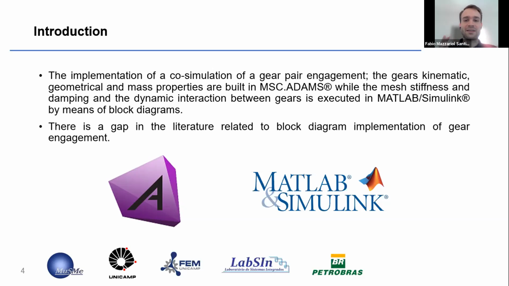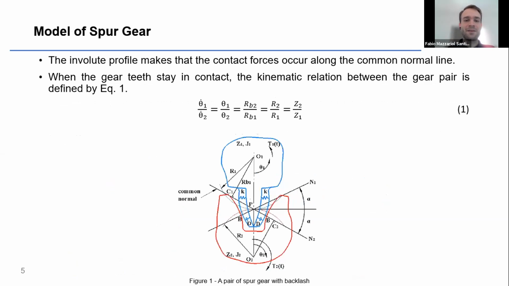Then we can decide which part will be in both environments, and then they can be matched together. So this is part of the modeling of gears. We can see on the screen the kinematic relations between two gears, gear 1 and gear 2.